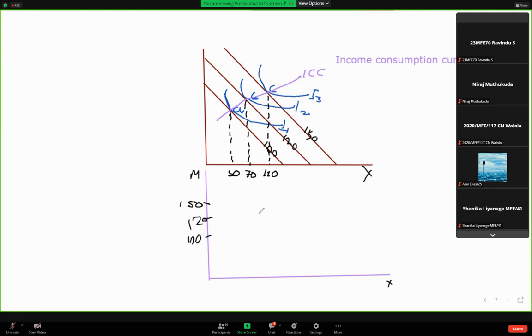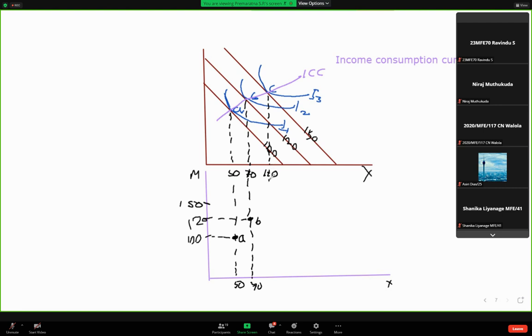Now find a point here: we go down to 50, and this is the $100 budget. Here you can find point A. Likewise, with $120, the consumer buys 70, so that's point B here.